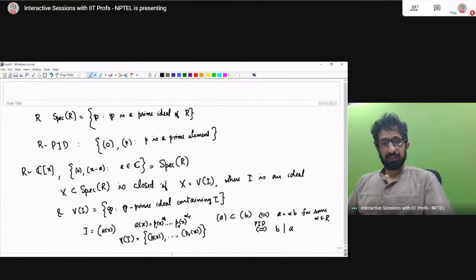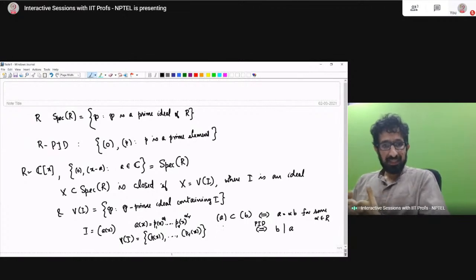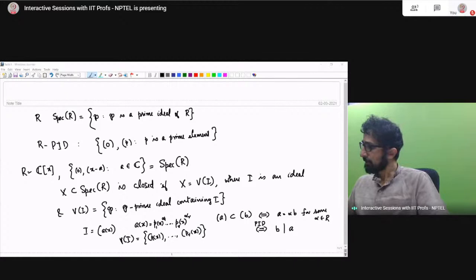Right? Now, in this topology, any closed set is of the form P1(x), P2(x), ..., Pr(x). An open set in this topology is the complement of such a set. This is called the Zariski topology. If you do not want to get into that, you can just accept it as it is.